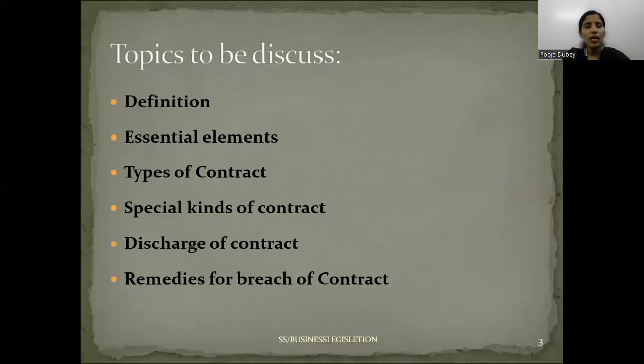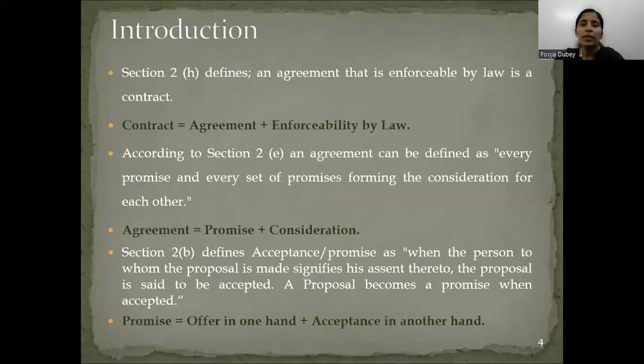So now I'm going to start the definition which we have discussed, like how a contract develops. Contract is an agreement which is enforceable by law, that is mentioned in section 2(h) of Indian Contract Act 1872. The definition of contract as per Indian Contract Act 1872 is very simple to understand.